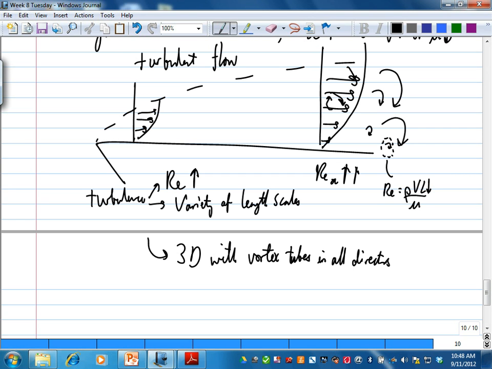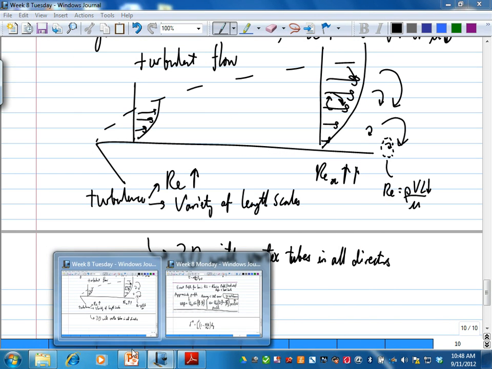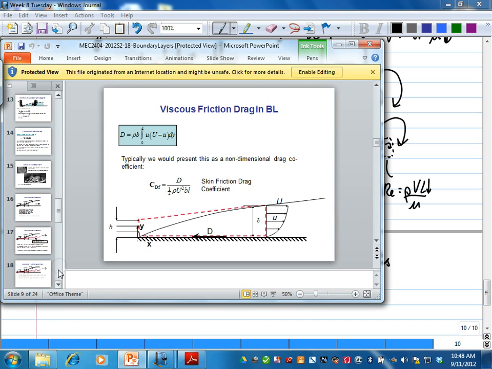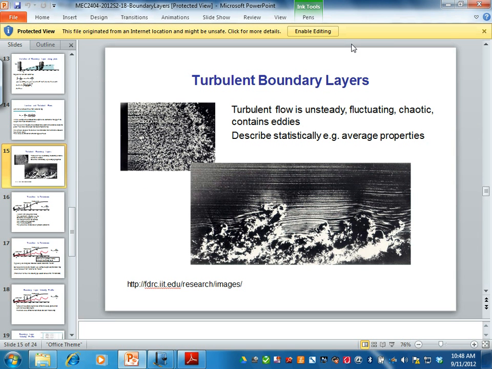I got a picture. I don't know whether you got. Okay, so there, this picture of turbulence. Not a very good picture, a very old picture. All right, so you can see, this is the top view, this is the side view.